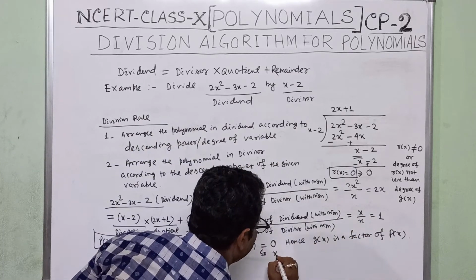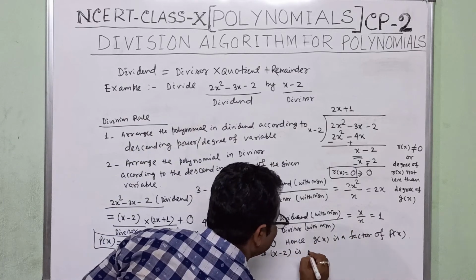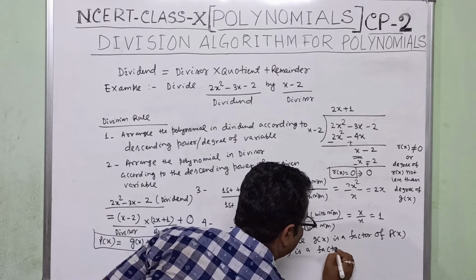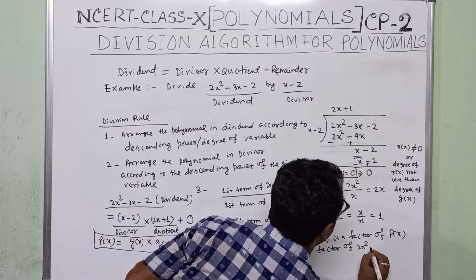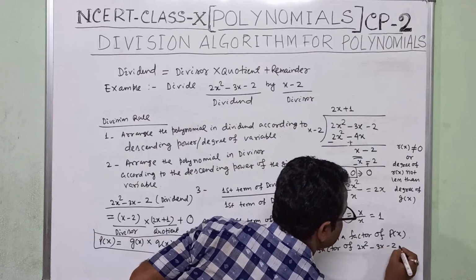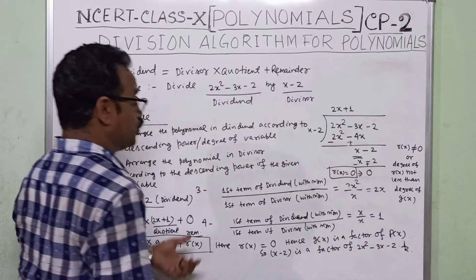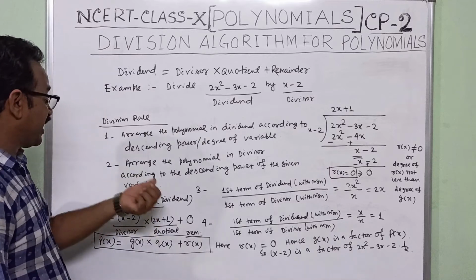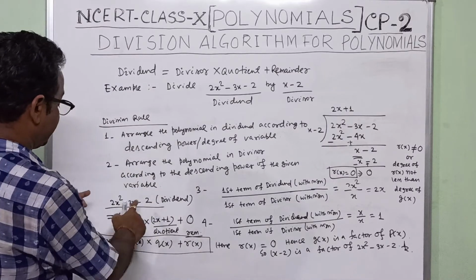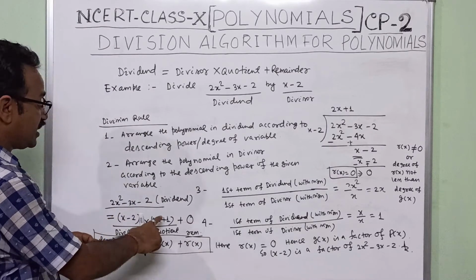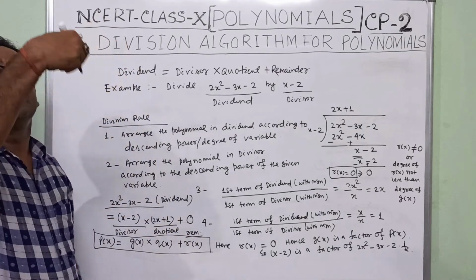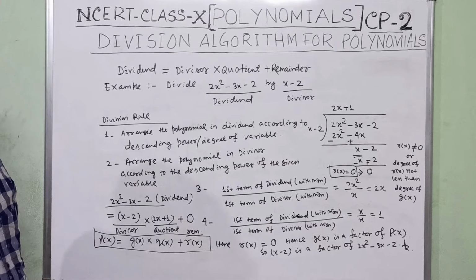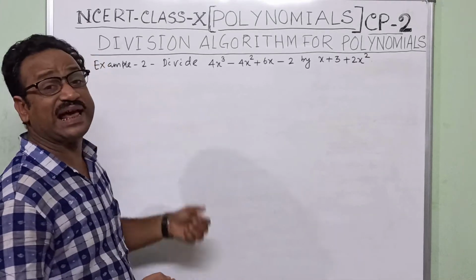So x minus 2 is a factor of 2x square minus 3x minus 2. So here we have verified that the dividend is equal to divisor into quotient plus remainder. Now we will take another example to explain it in a better way. Now move on to the next example.